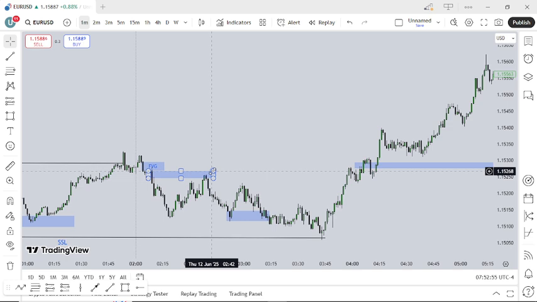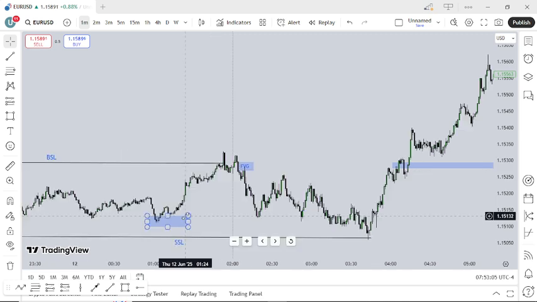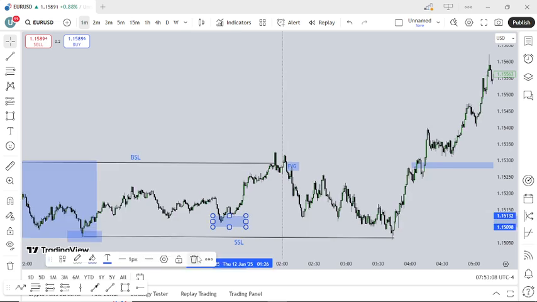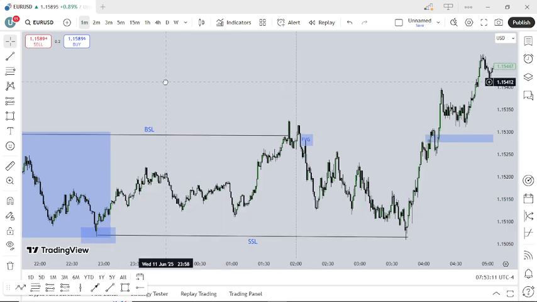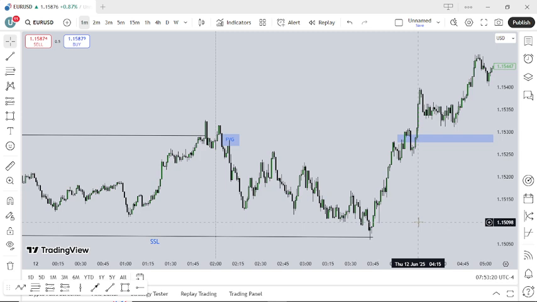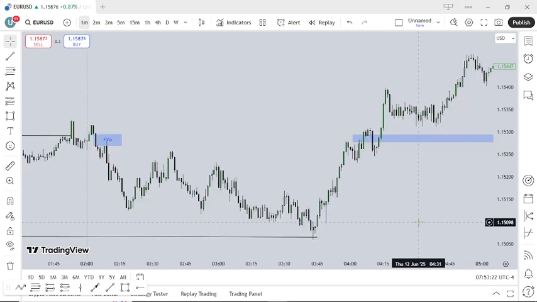It will be more clear. So our sell side liquidity taken out.